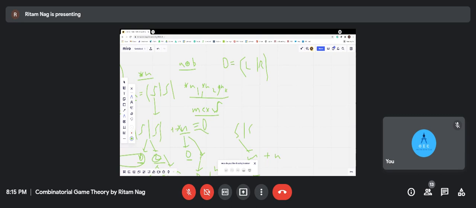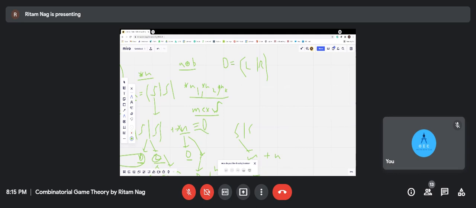So how can we prove that? You can think of equality as defining equivalence classes on games. That's the best way to think about it. Won't this mean that star one, star two, some of these are zeros?